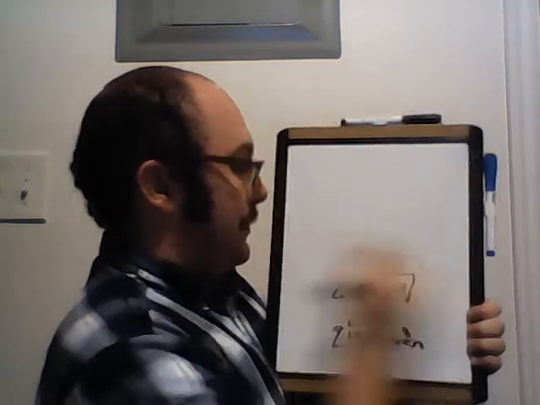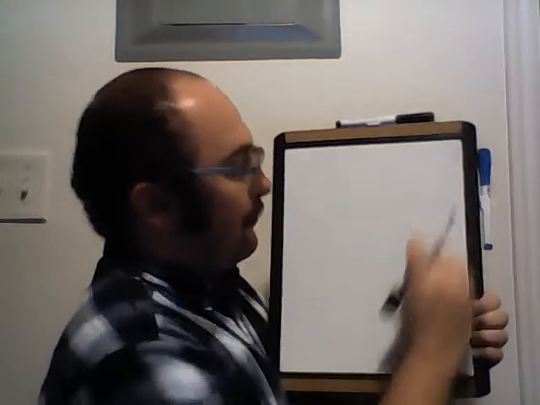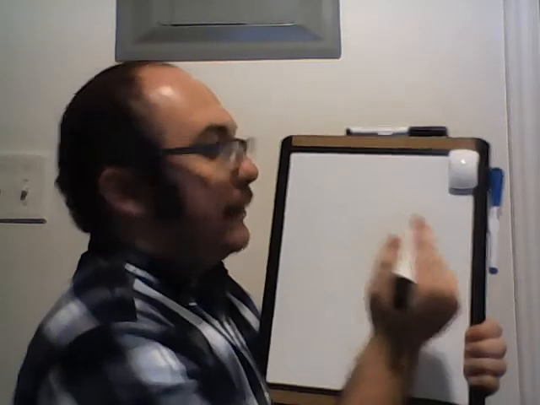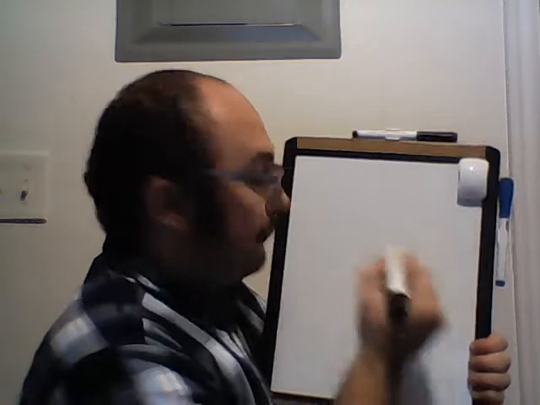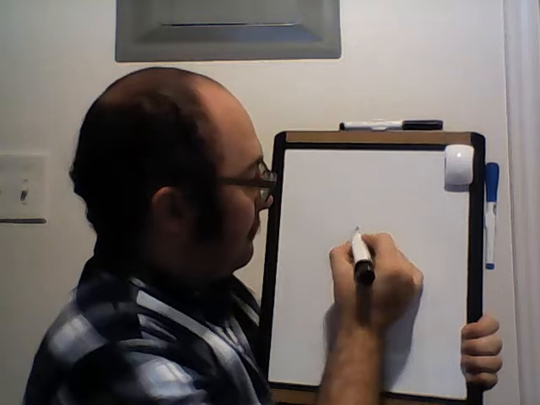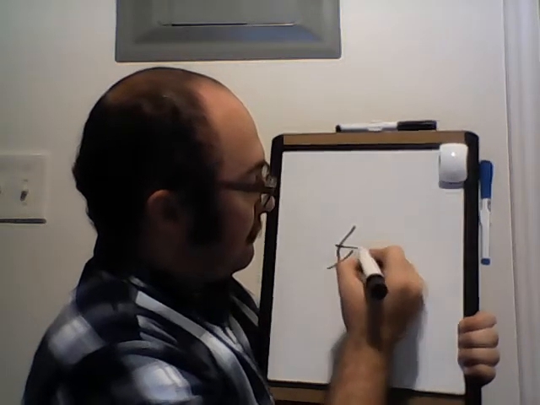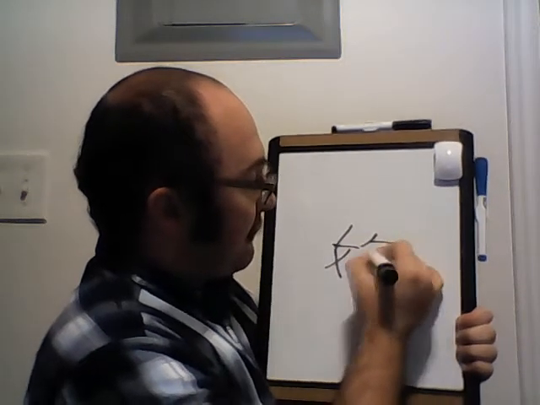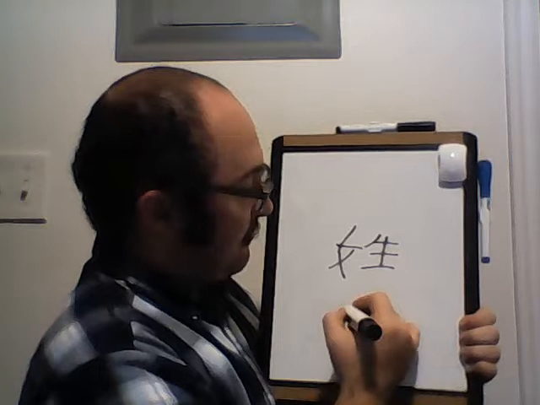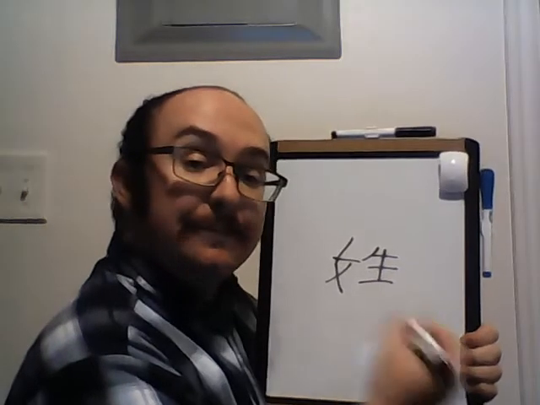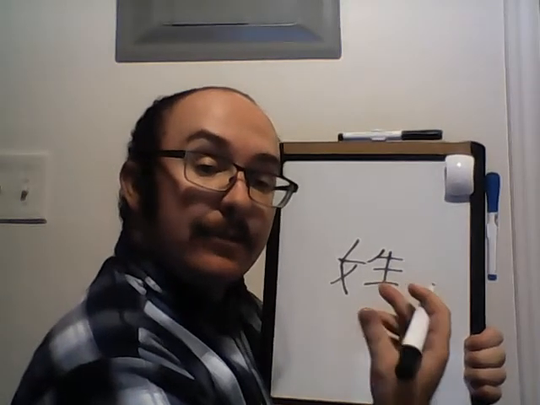Alright. Now we're going to do a quick review of a word that we've already learned, and then we're going to learn this set phrase. Okay, xing. It's the word for a surname.